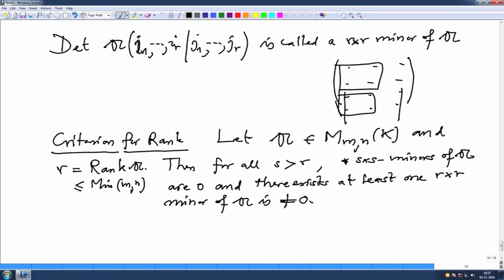So, proof. I will not give the details, but I will just remind you that for the rank, we have proved that rank of A, the definition was the column rank.